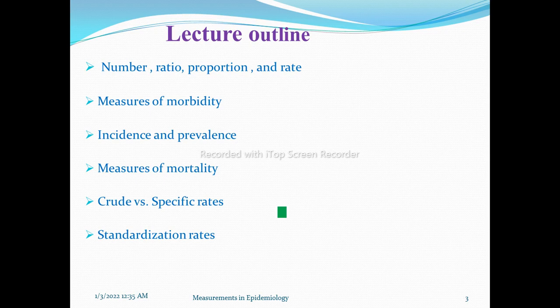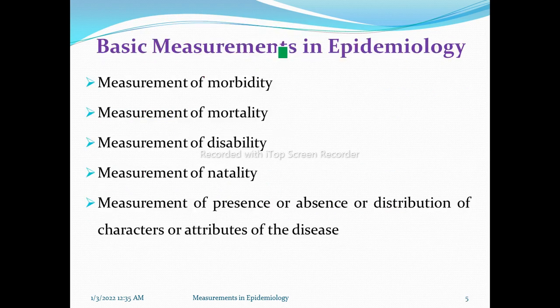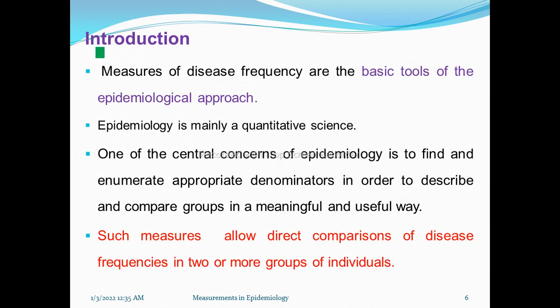So, this is the lecture outline: the lecture objectives, learning objectives, and basic measurements in epidemiology. Measurements in morbidity, measurements in mortality and disability, natality, and measurements in the presence, absence, or distribution of characteristics or attributes of the disease. Now, introduction about measurement in epidemiology.